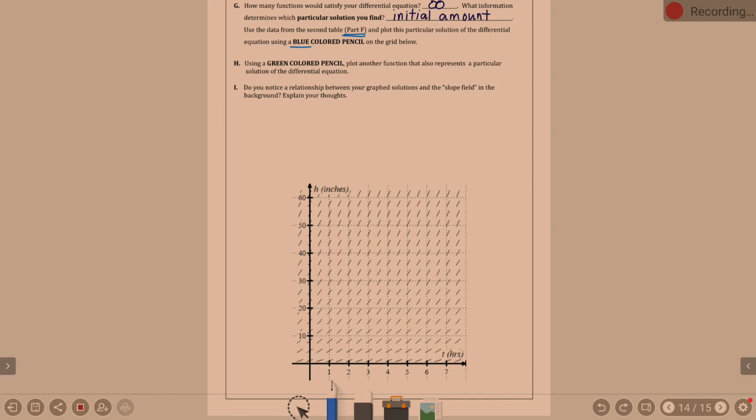Now, notice it counts by tens. Those little random marks, we'll talk about those once we get some of this plotted, okay? Because this is a slope field in the background. I'll explain it more once we graph. So if I'm doing 0, 4, then just guesstimate between 0 and 10 as to where your 0, 4 is. Does that make sense?